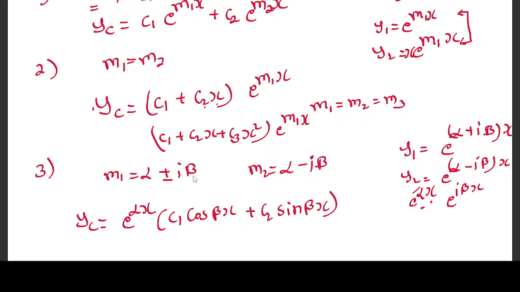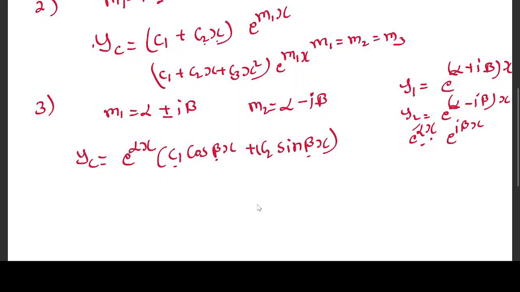Here plus or minus does not matter; we'll always take the positive sign, and because of the arbitrary constants, the negative sign will be compensated. So this is the case when we have complex conjugate roots.